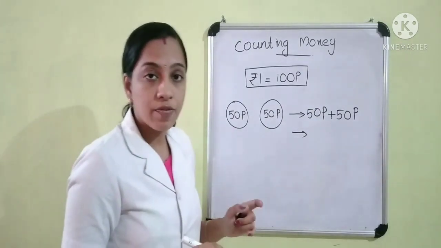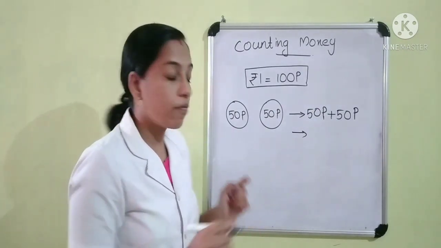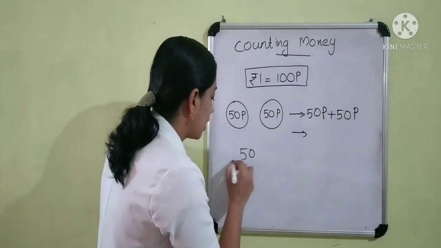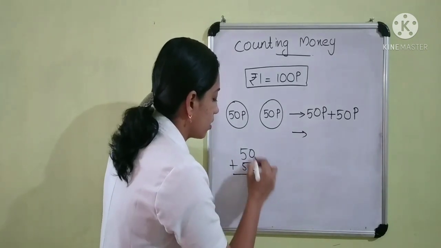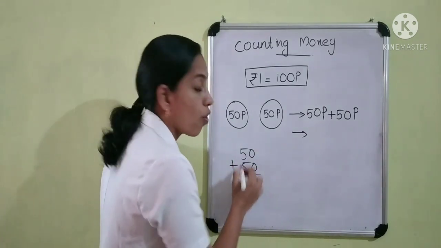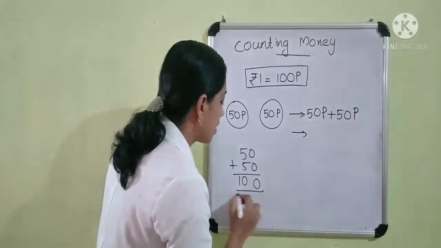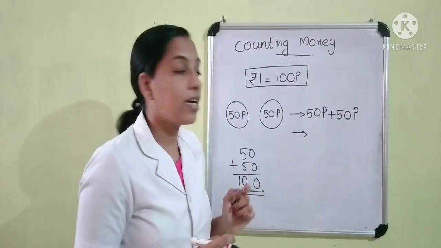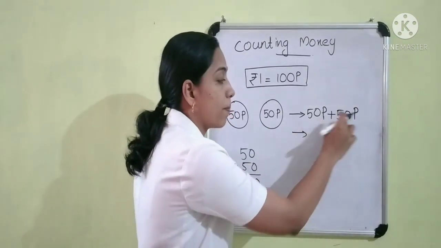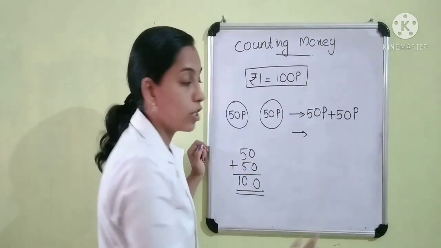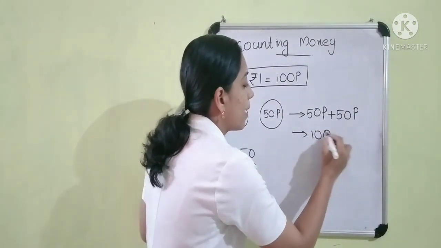Yes, 50 plus 50. What is 50 plus 50? Let us add 50 plus 50. 0 plus 0, 0. 5 plus 5, yes, 10. So, 50 plus 50, we will get 100. That is 50 paise plus 50 paise, which is equal to 100 paise.